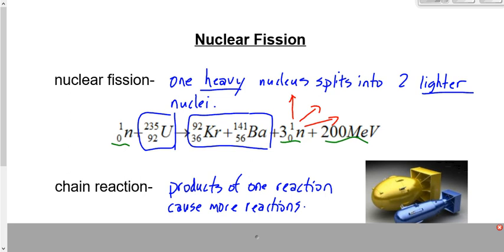So these 3 neutrons can cause 3 more reactions. Then we're going to produce 600 mega electron volts of energy and 9 neutrons. Now maybe those 9 neutrons can bombard 9 more uranium-235, generating 27 neutrons and even more energy. 27 neutrons cause 27 reactions, 81 neutrons, 243 neutrons, and so on, and so on.